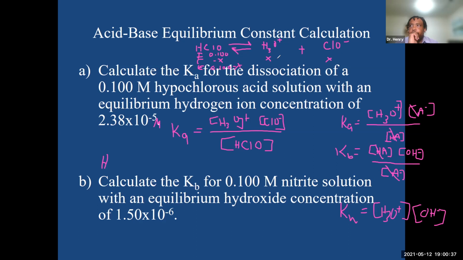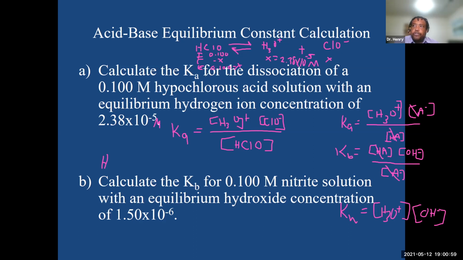We know what X is, because they give it to us: 2.38 times 10 to the minus 5 molar. I don't know why I use X when I know I have to do that. And that's a 5, not 3.